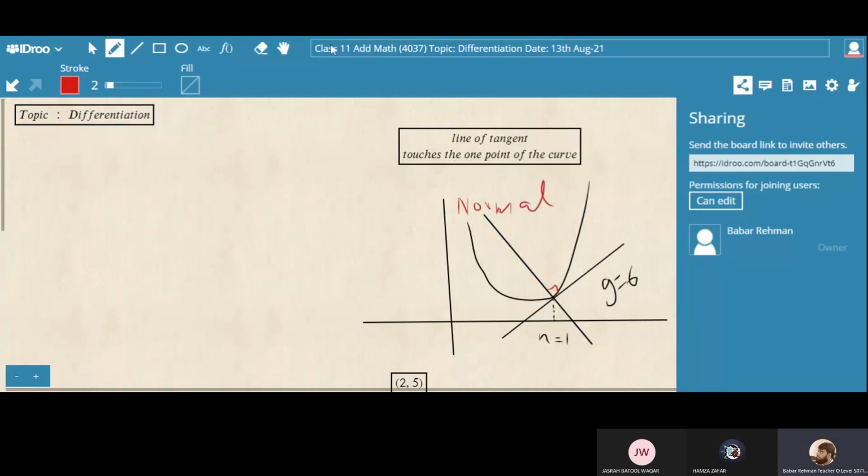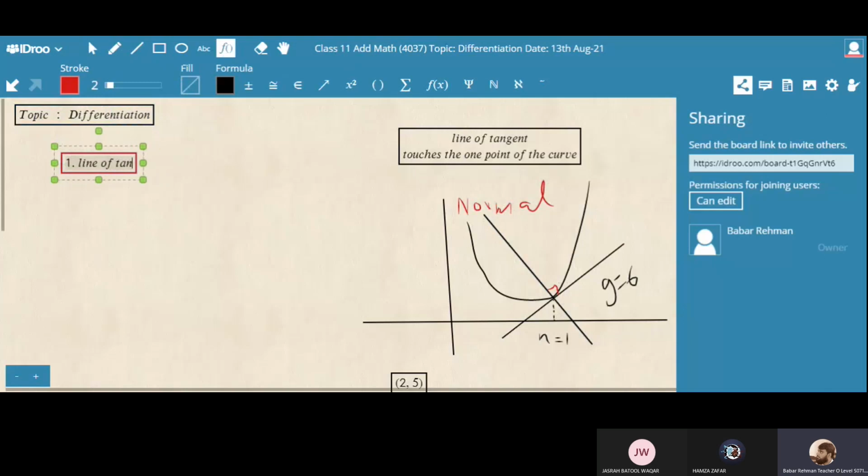This is normal. Okay, now we have to find out the derivative of the line of tangent and the equation of the line of tangent as well. So I am writing here two points. Number one, the equation of the line of tangent.